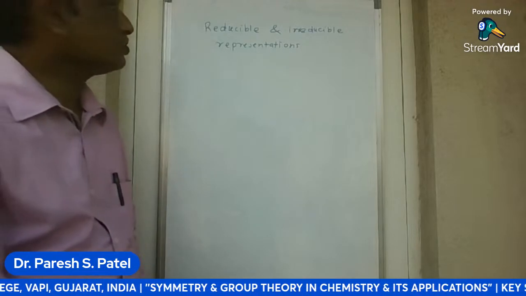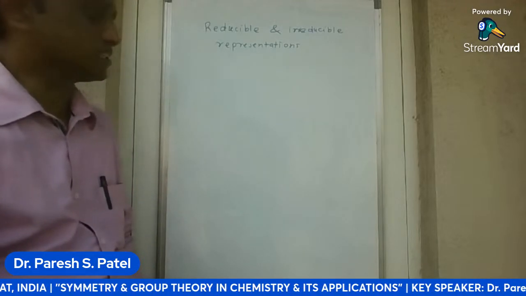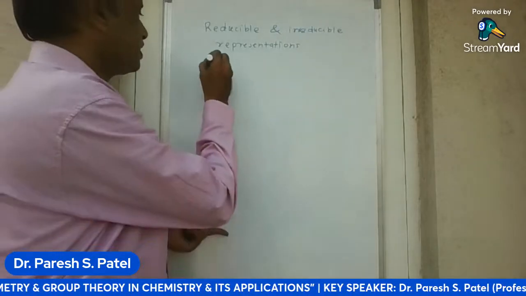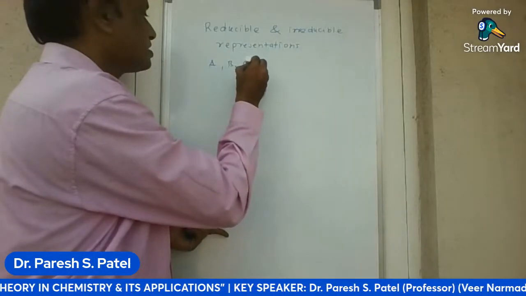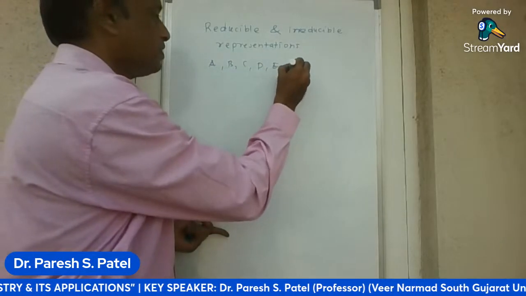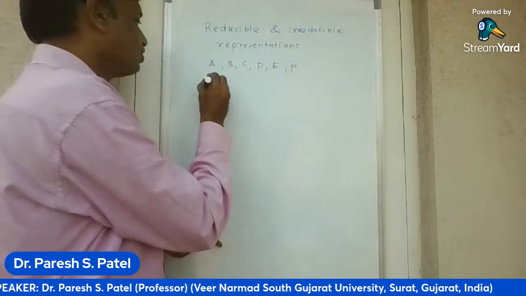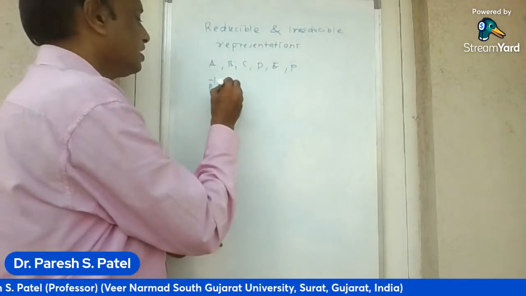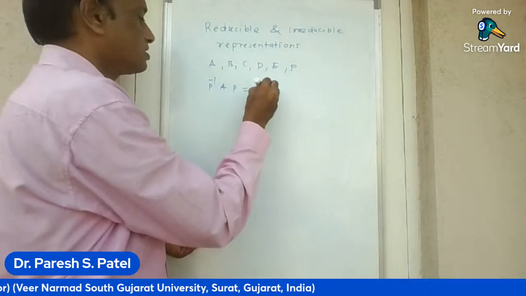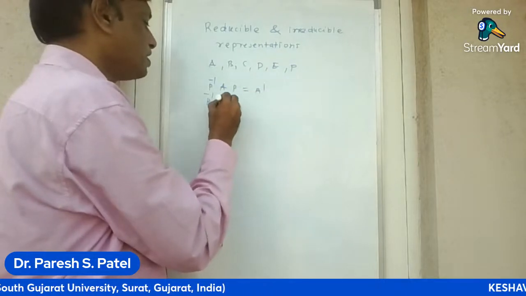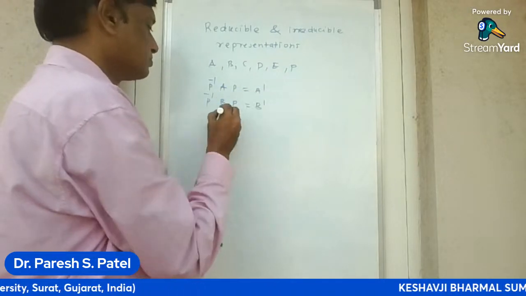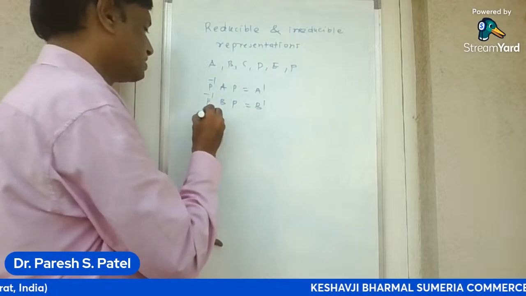So what are reducible and irreducible representations? As for example, A, B, C, D, E, P. These are different matrices. And if you go for P dash, P inverse A P is equal to A dash. P inverse B P is equal to B dash.